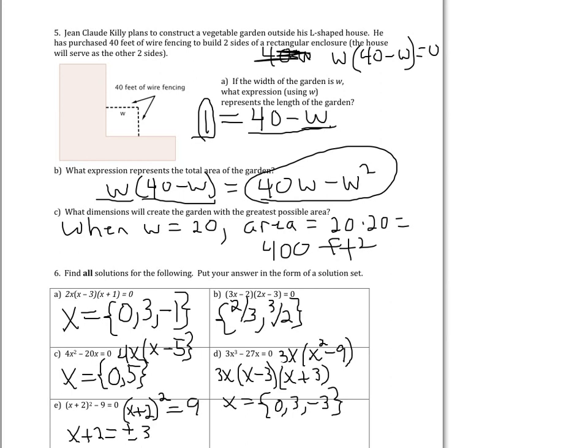That's going to give us two values that would set this expression equal to 0. That would be W is equal to 0 and W is equal to 40. Halfway between those two, we get W is equal to 20, and that'll give us our maximum area of 400 square feet.